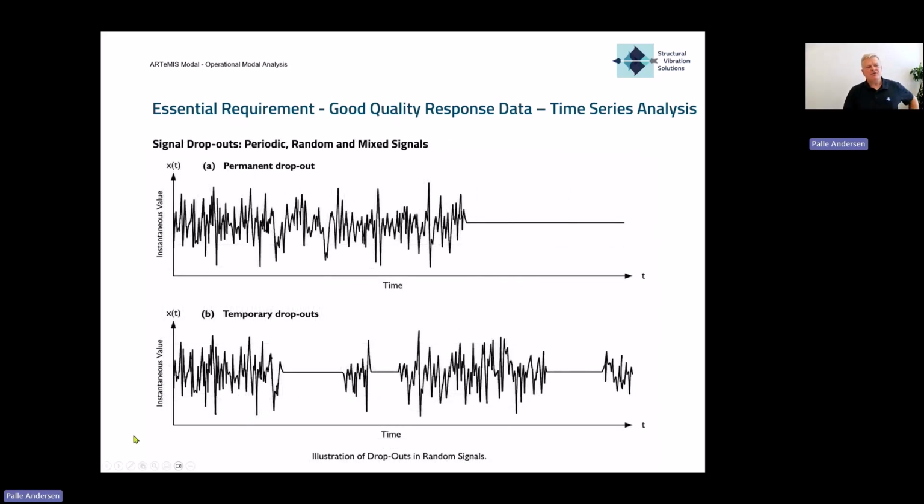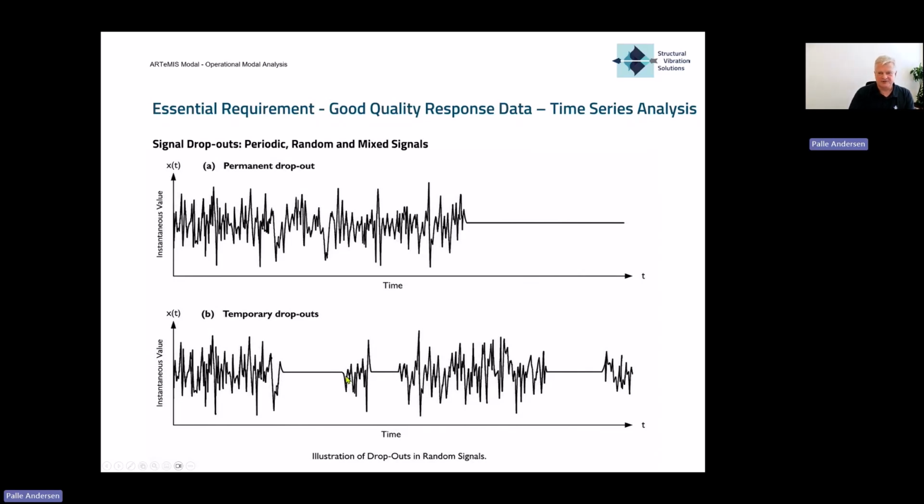And then finally, we have also dropouts. This can happen if you have, let's say, wireless sensors that are connected in some way over the Wi-Fi or internet or something, and then they are transmitting packages, each of them individually, to a server. Sometimes you have dropouts of some of the channels. They don't send the package, or the package is corrupt, or whatever it could be, and then you end up having some parts of your signal that is zero.